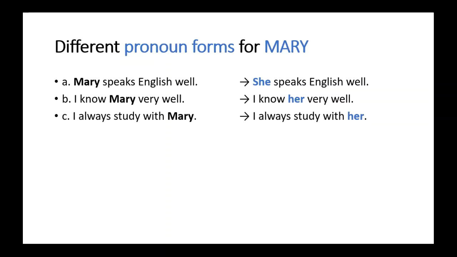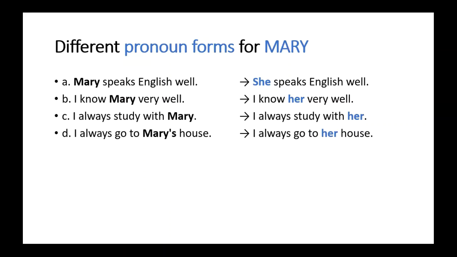I always study with Mary. If I replace Mary, now I always study with her. I get her again. I don't get she in that case. Even though on the left, I still have Mary. Notice in examples A, B, and C, I have Mary in all the cases, but on the right, the forms are changing.